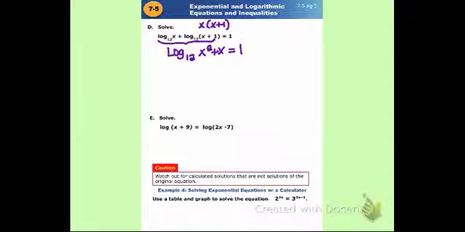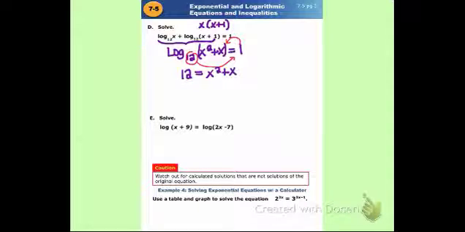Once I have this written as a single logarithm, which I've done, now I'm going to rewrite this in exponential form. So I start at the base, raise to the power, and it's supposed to equal the result. 12 to the first is 12, and that's supposed to equal x squared plus x.